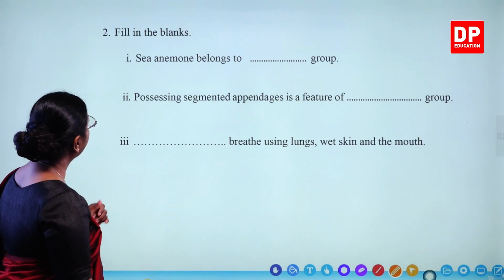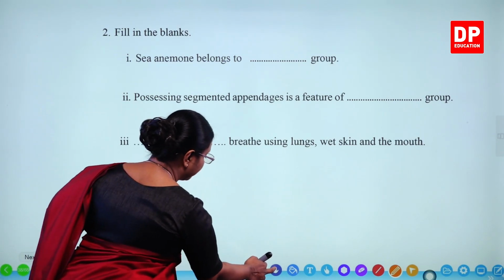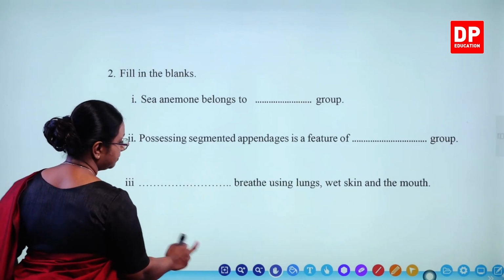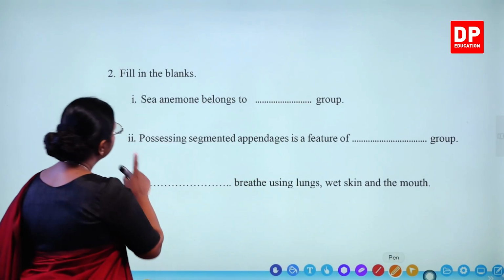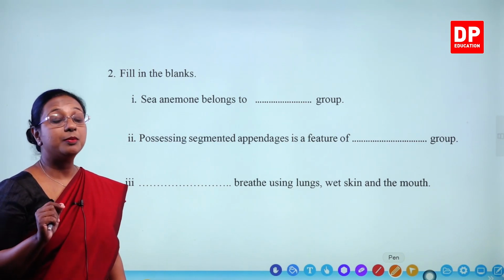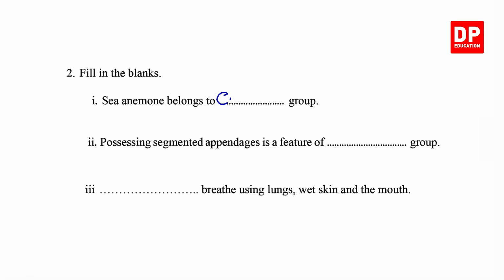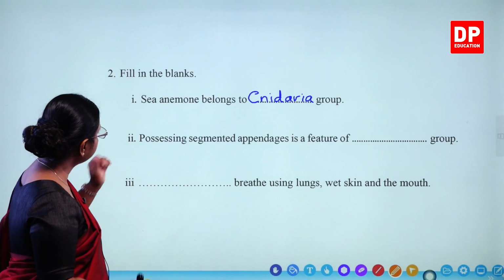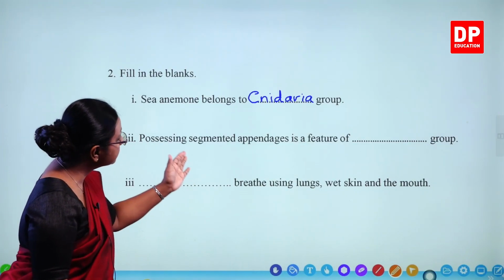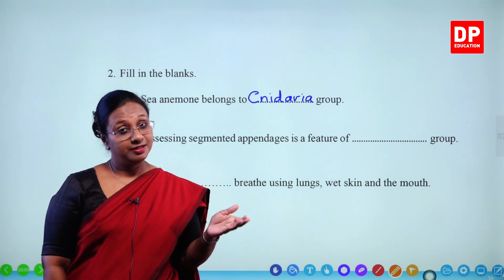So, here we have fill in the blanks. So, you have to fill in the blanks. Sea anemone belongs to blank group. What is the group? Cnidaria. Sea anemone belongs to Cnidaria group. Second one, possessing segmented appendages is a feature of the blank.